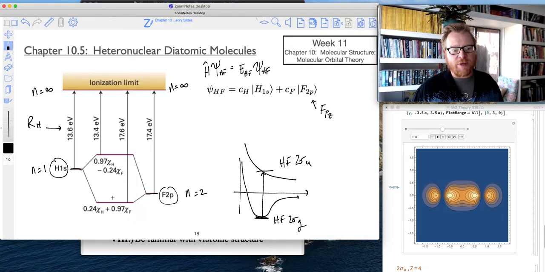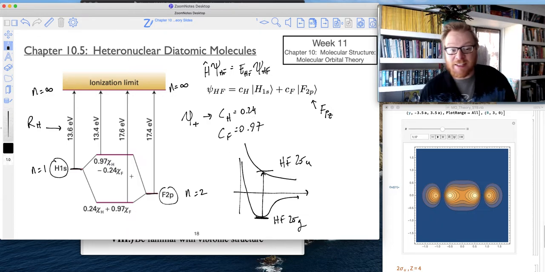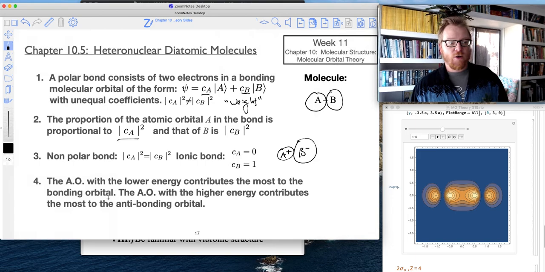But effectively, what you can see with this simple diatom, for the psi plus state, is that the hydrogen coefficient equals 0.24 and the fluorine coefficient equals 0.97. That's consistent with what we said right here: the AO with the lower energy contributes the most to the bonding orbital.